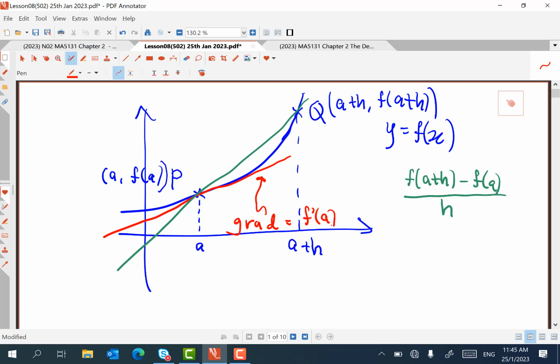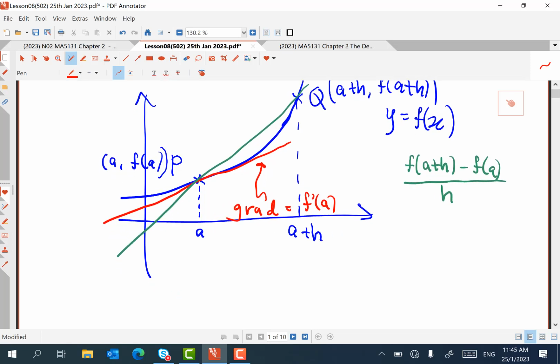Certainly, when you look at the red line and the green line, you can see very clearly that the gradients are not the same. The green line has a gradient that is distinctly different from the red line. However, if we were to close the gap, what do I mean by close the gap?